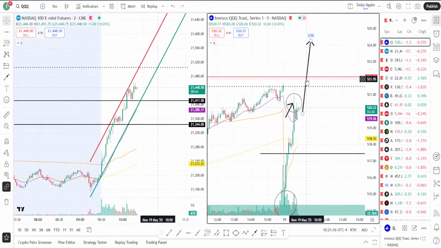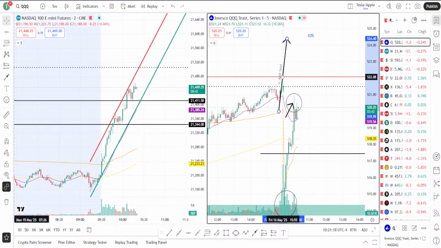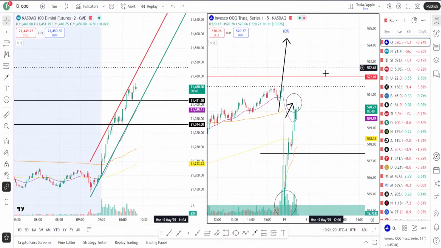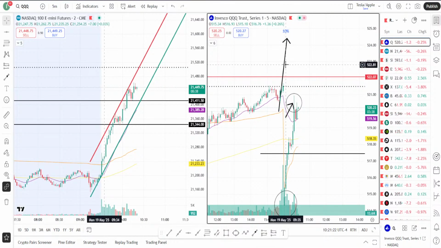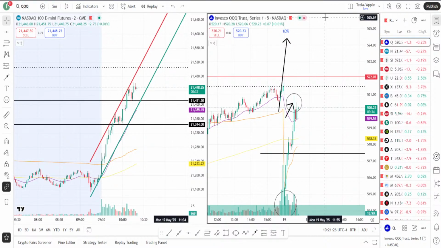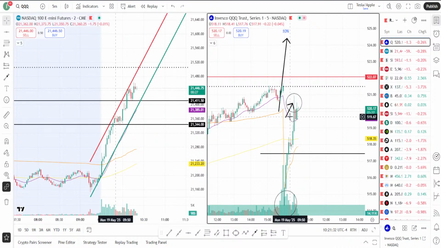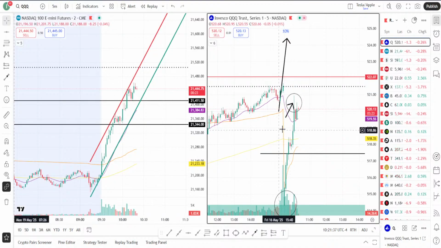So this is very unlikely to happen. I'm not even thinking that price is just gonna keep going straight up. It's just not possible. The market just doesn't behave that way. It's possible, but it's just so unlikely. And you want to make your decisions based on probabilities.